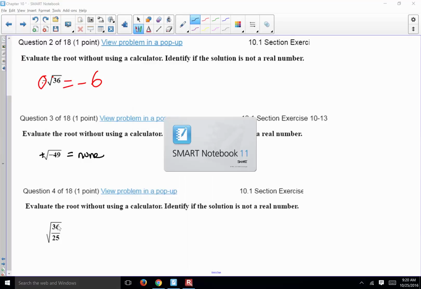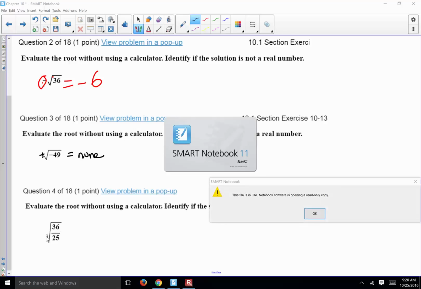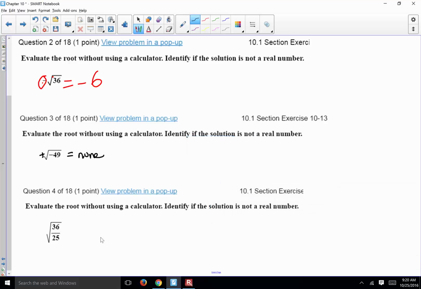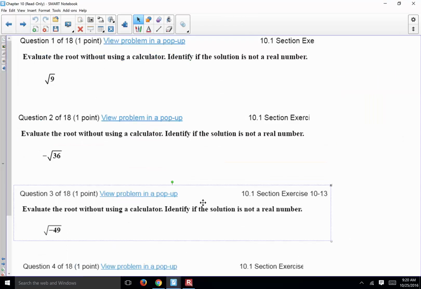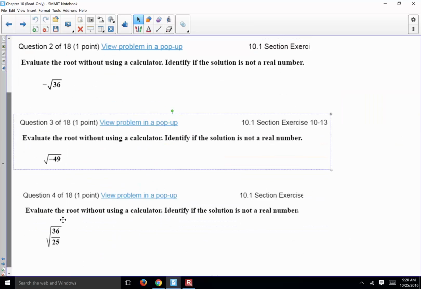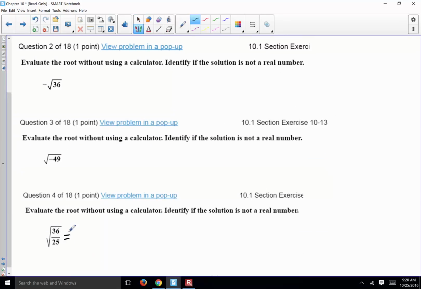So what is square root of 36? It's still the same positive. I see a positive sign in front of the square root. It's 6. So I'm going to mark 6 there. How about square root of 25? 5. So it's positive 6/5.